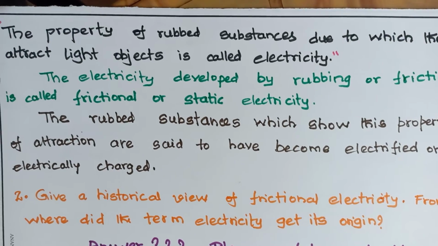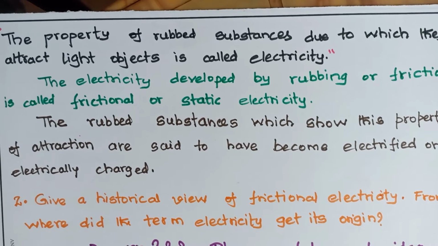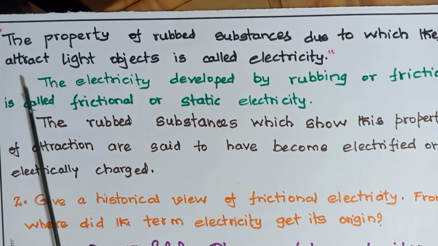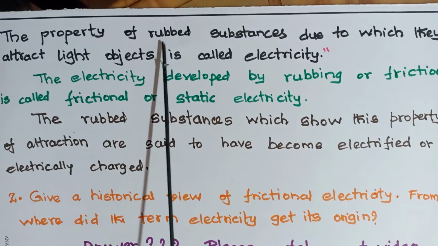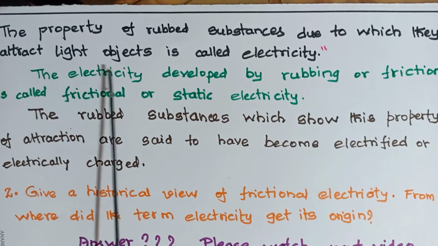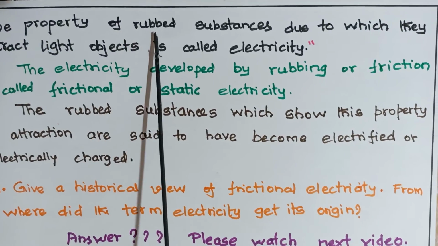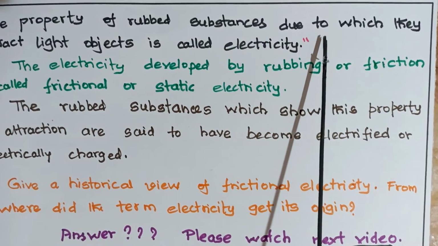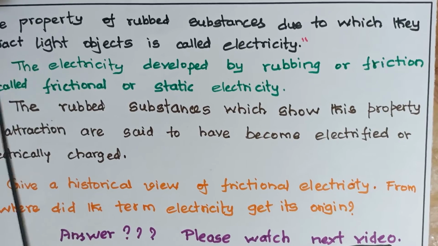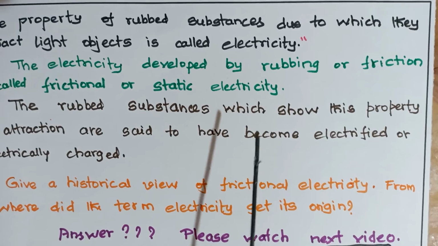Okay, now let us try to understand the definition of electricity. The property of the rubbed substances due to which they attract light objects is called electricity.